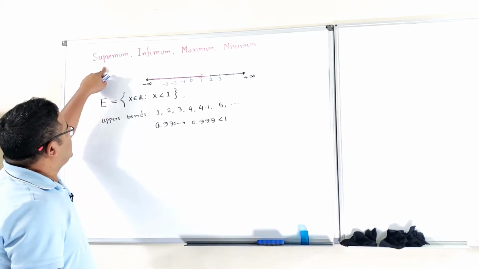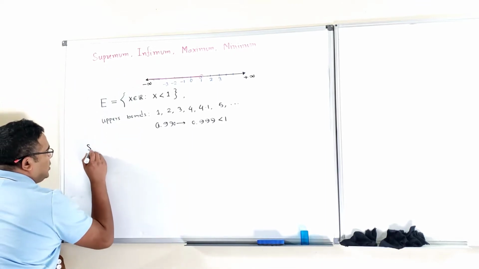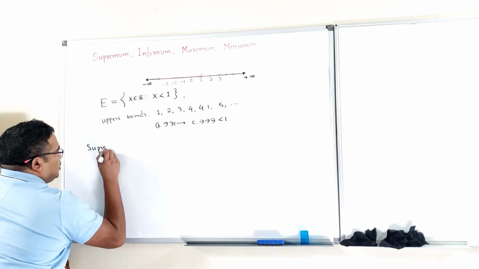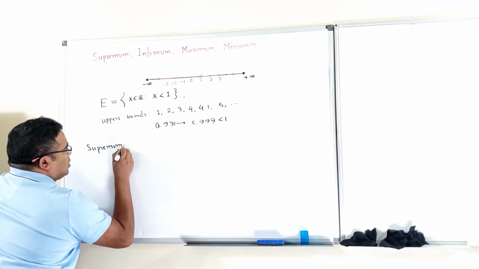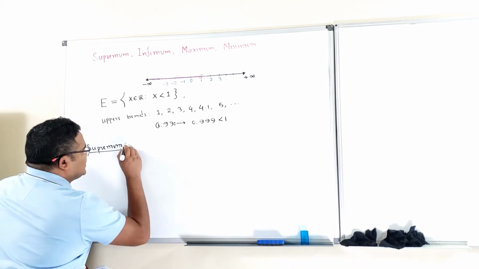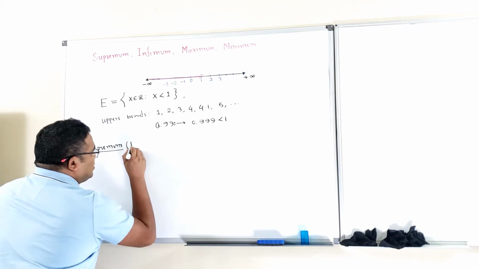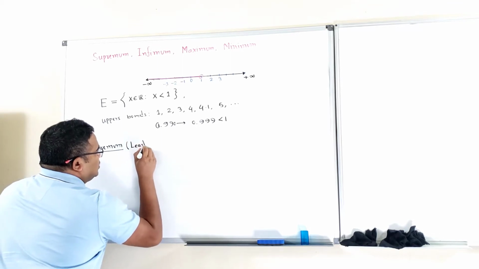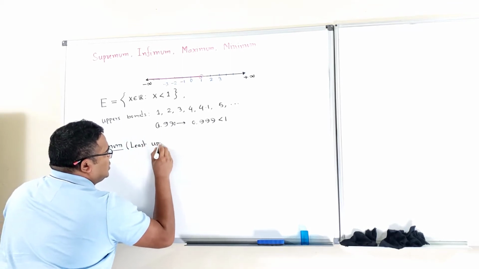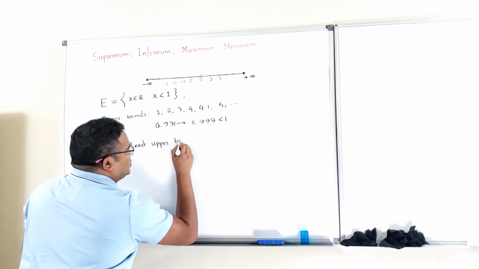Okay, so if we define supremum, or you can say least upper bound, the other name of supremum is least upper bound.